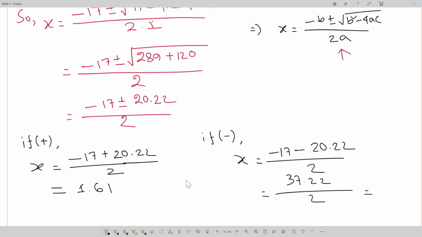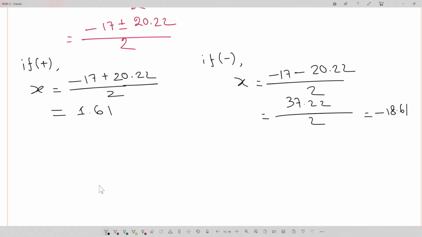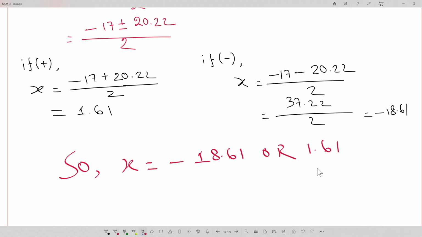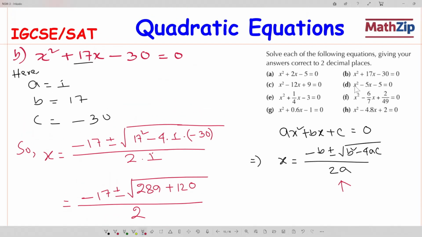So once we divide by 2, it will be minus 18.61, and this is our result. So we get two results. So x equals either minus 18.61 or 1.61. Okay, it's a very simple thing.